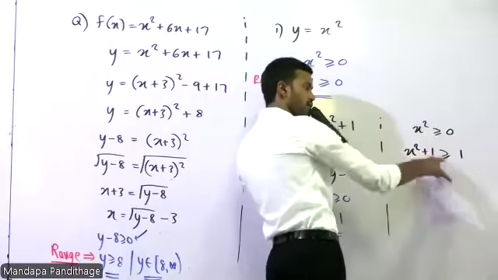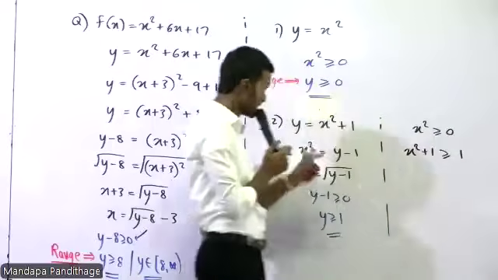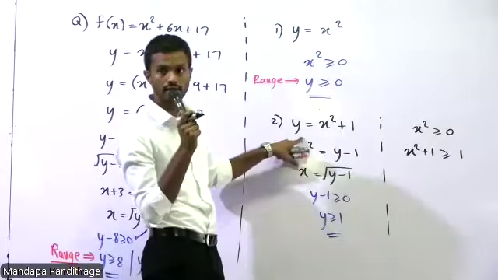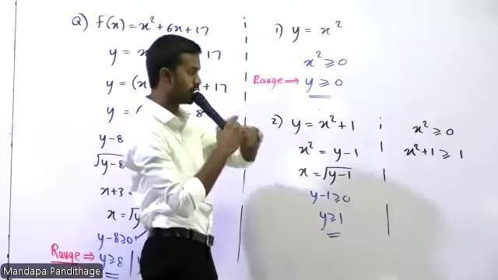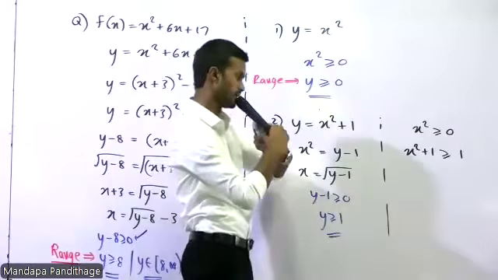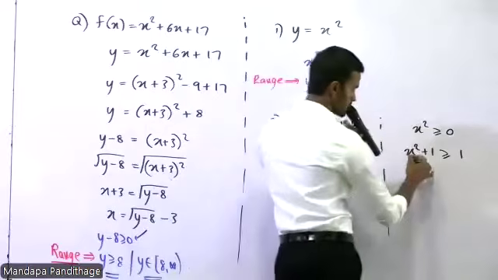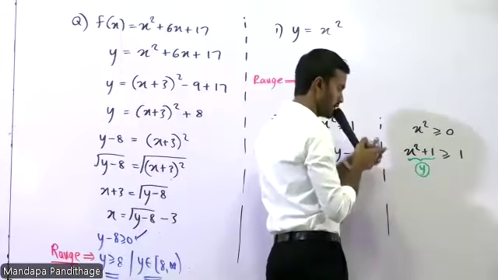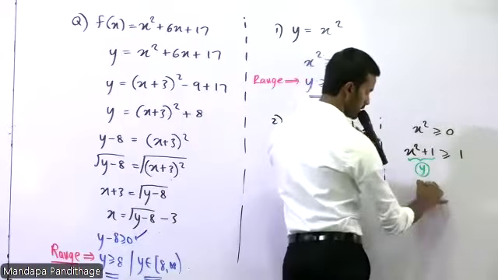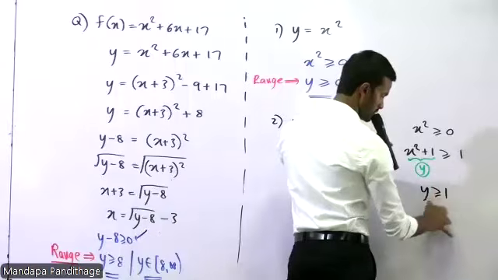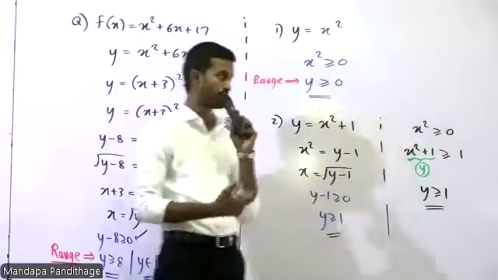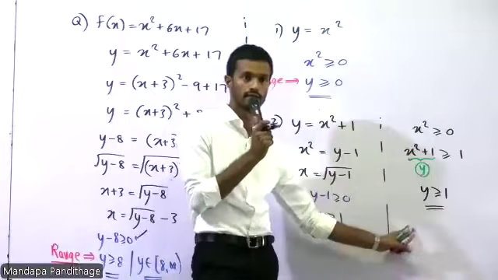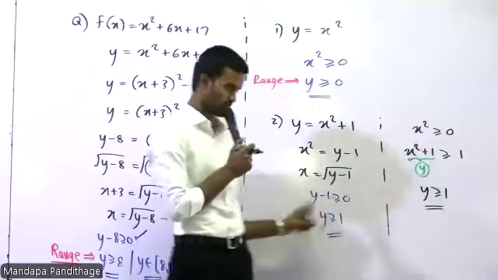So what is x squared plus 1? It's y. Clear? Then I get y is greater than or equal to 1. But what we want as the range is the existence of y. So that's what we have to find. You can find it this way, but the normal way is the other.